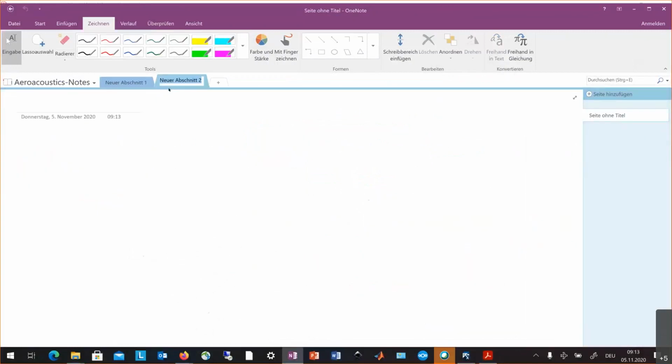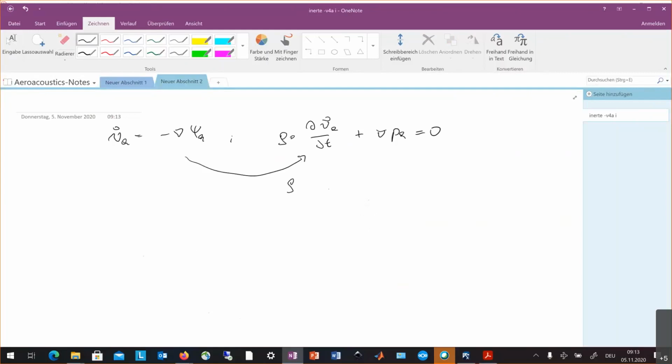So if we now have our acoustic particle velocity to be minus the gradient of this acoustic scalar potential, and we have the equation that the mean density dv/dt plus the gradient of the acoustic pressure is equal to 0, we just plug it in, and then we get the mean density d/dt of minus the gradient of the acoustic scalar potential plus the gradient of the acoustic pressure is equal to 0.